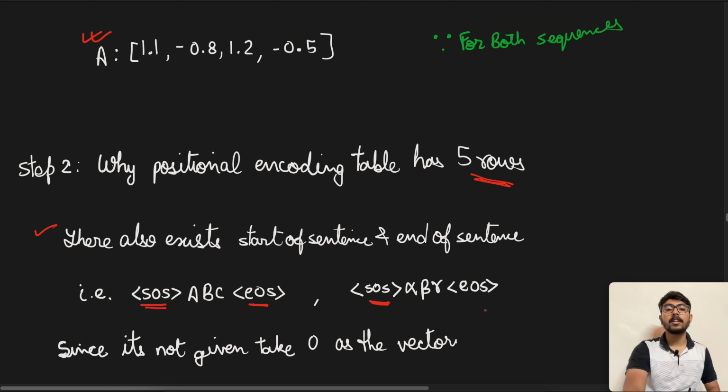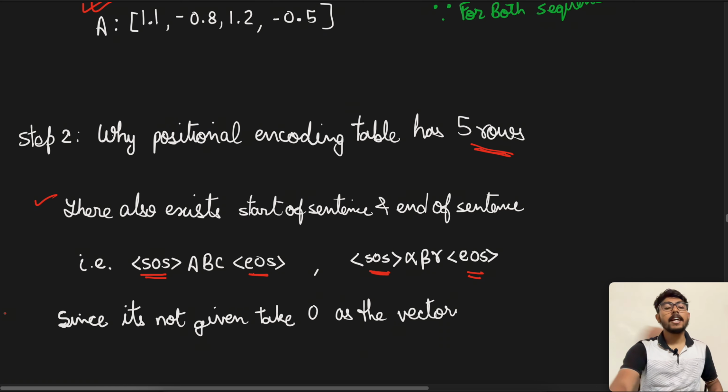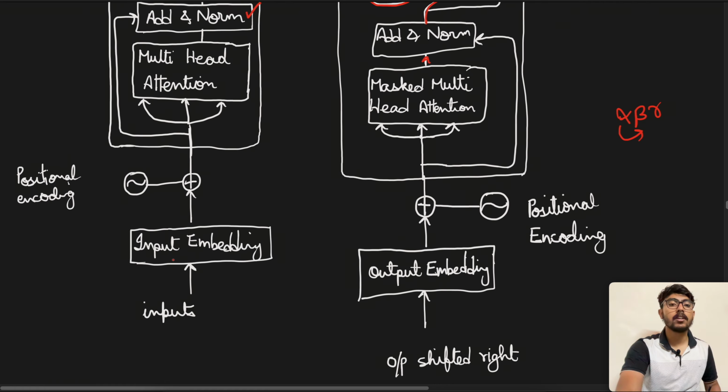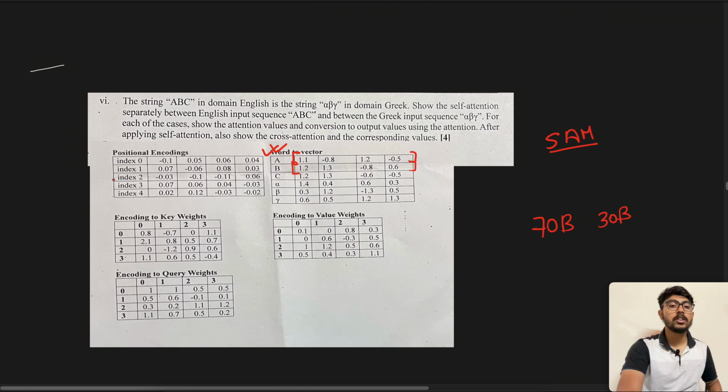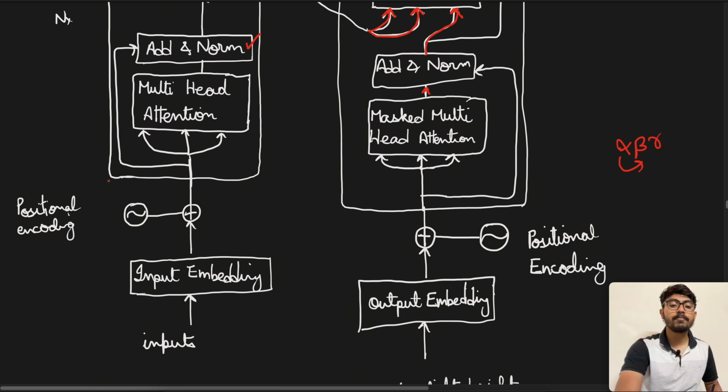Similarly with the Greek sequence as well, right? And since its word to vec encoding is not given, we will take it as 0. But most likely in practical scenarios, there will be a separate word to vec for the characters that represent start of sequence as well as end of sequence, right? So we see that positional encoding has 5 rows instead of 3.